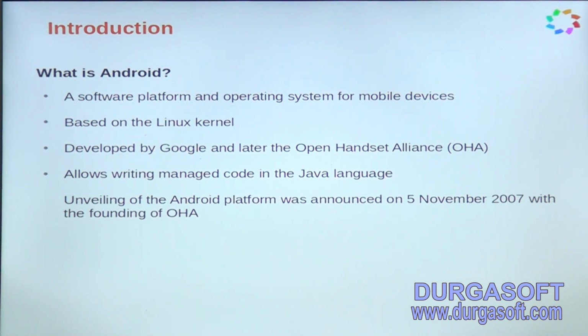OHA is not an alliance related to one specific company. It is actually a collection of many other companies, including mobile operators, entrepreneurs, application developers, software companies, manufacturer units, and many others.